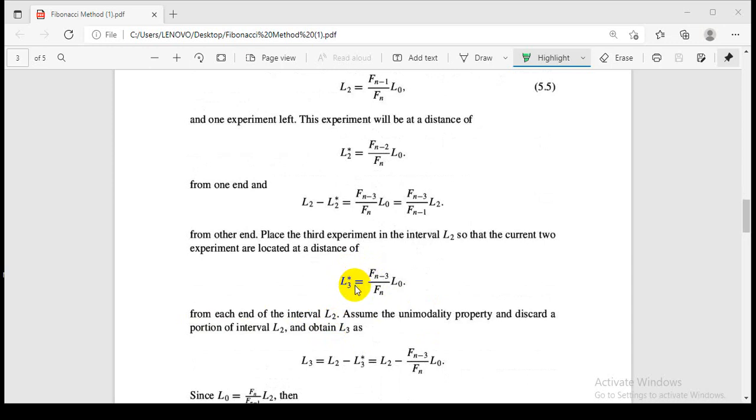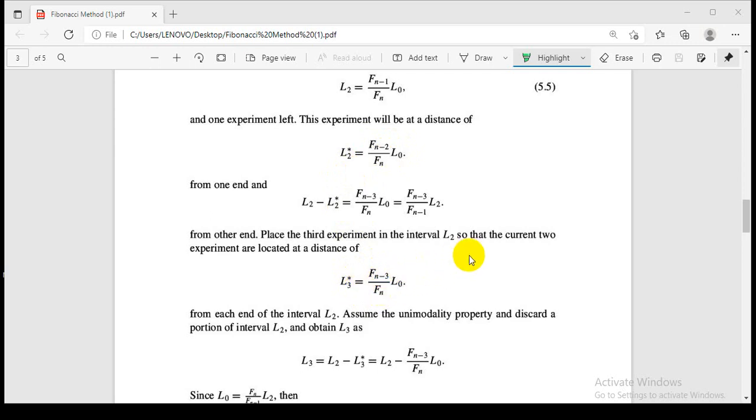L3 star equals Fn minus 3 over Fn multiplied by L0, and so on.